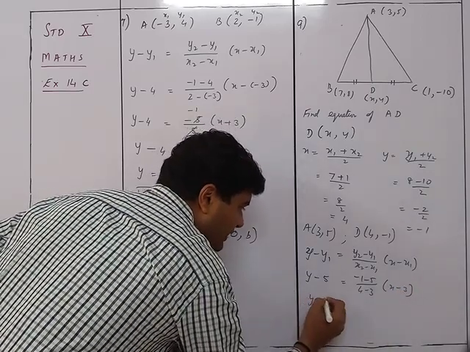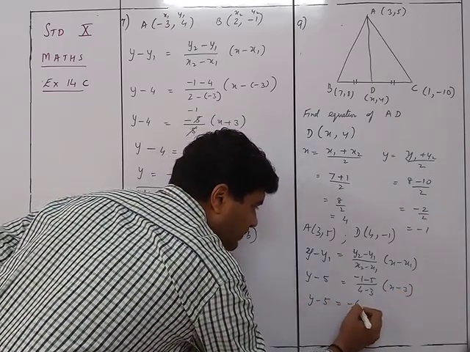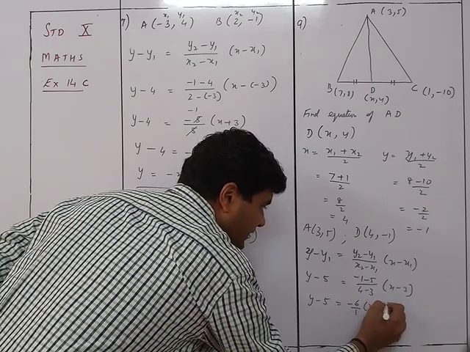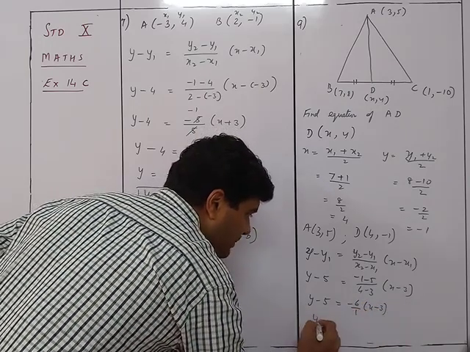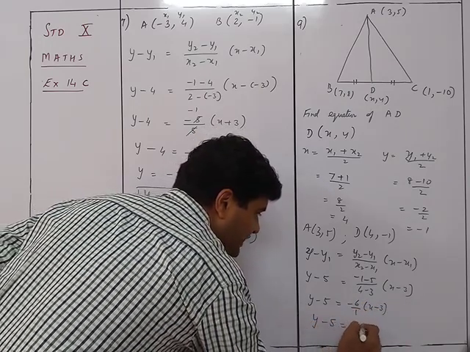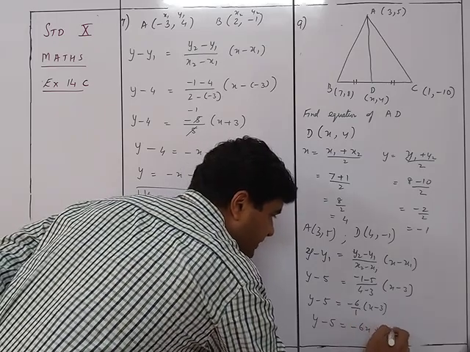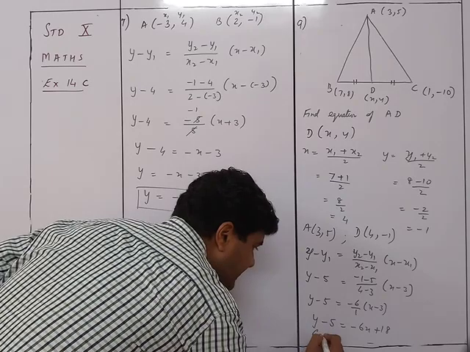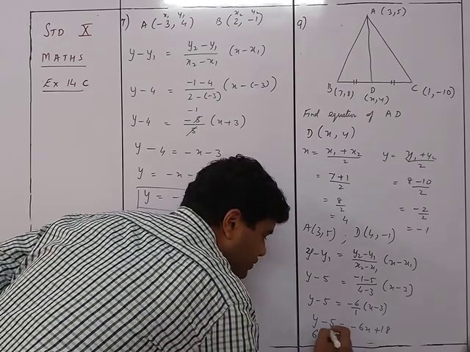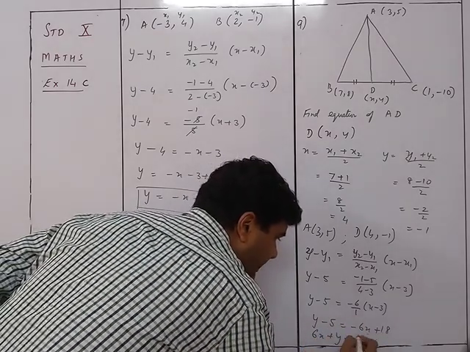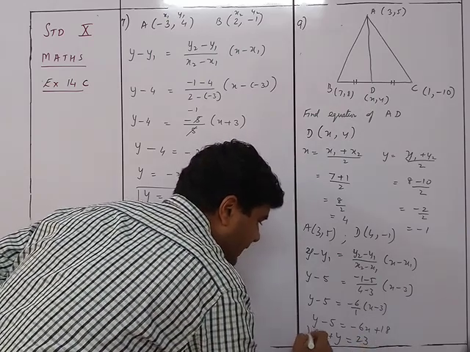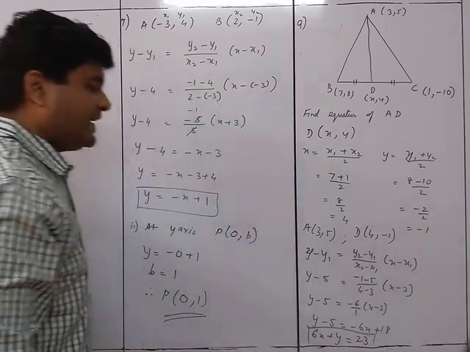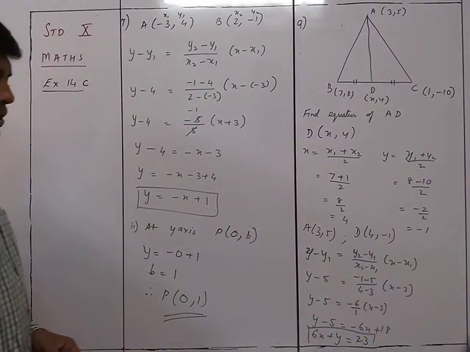That will be y minus 5 is equal to minus 6 upon 1 into (x minus 3). So that is nothing but y minus 5 is equal to minus 6x plus 18. So that will give me the equation as 6x plus y is equal to 23. That's the required equation.